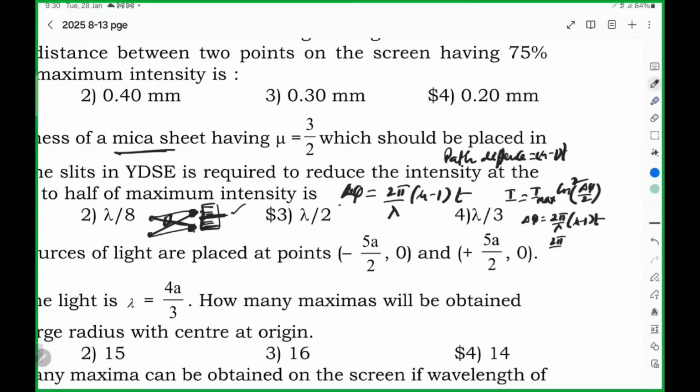That thickness, mu value he gave 3 by 2, minus 1 is half, which is nothing but pi t by lambda.